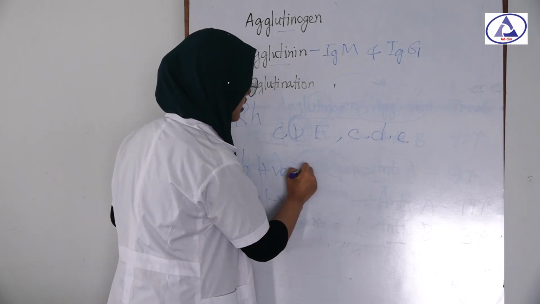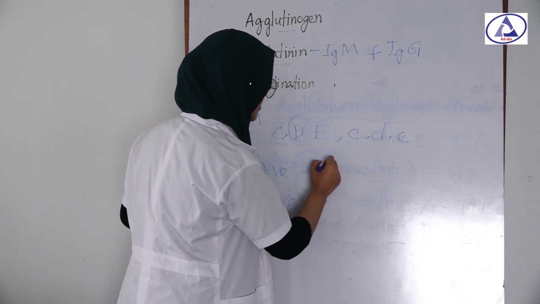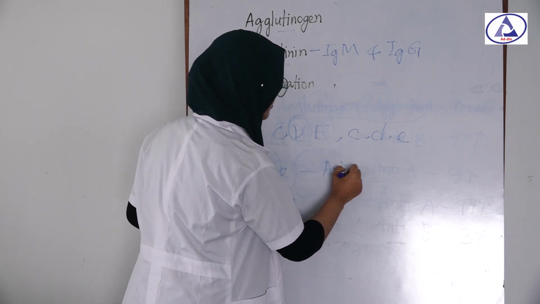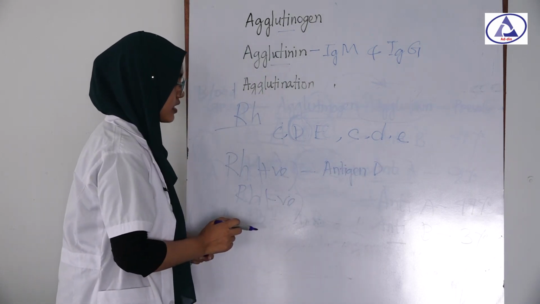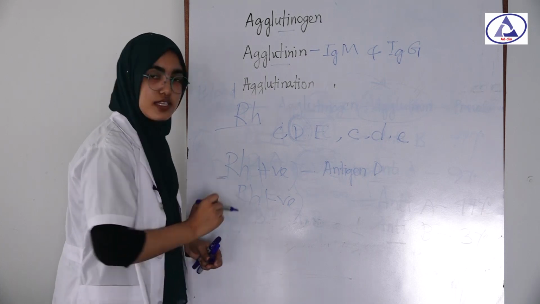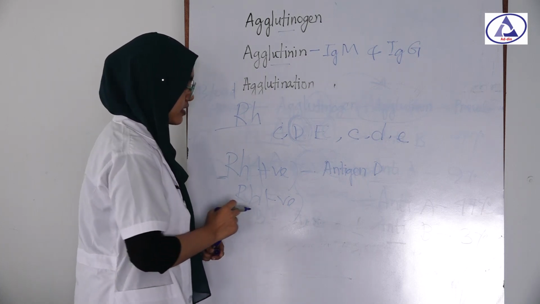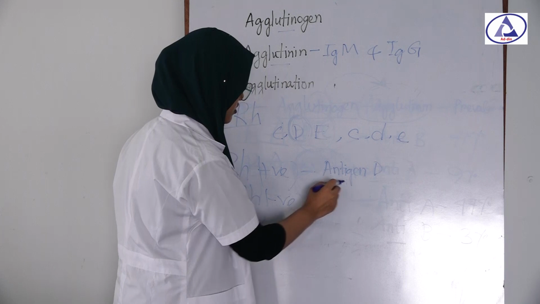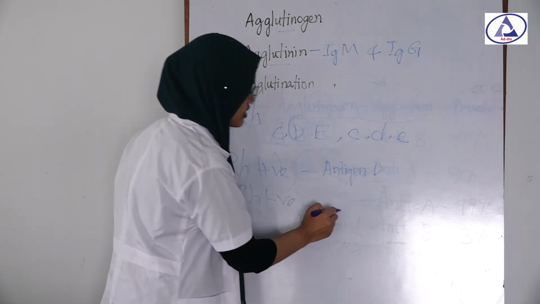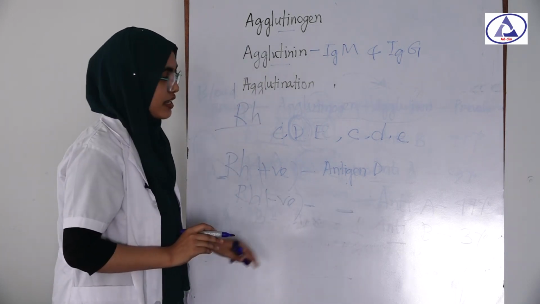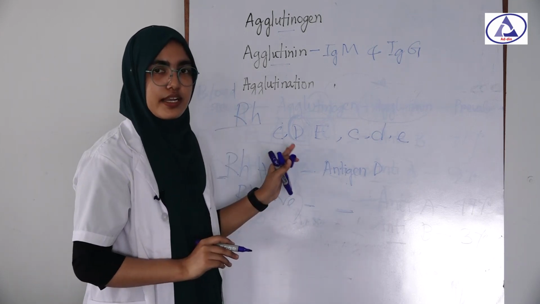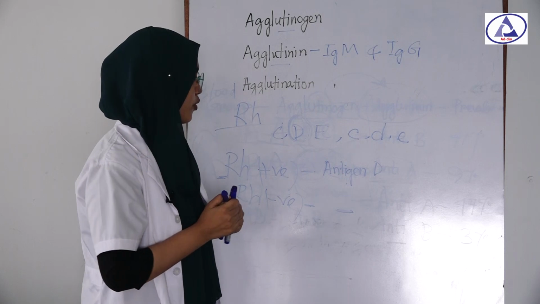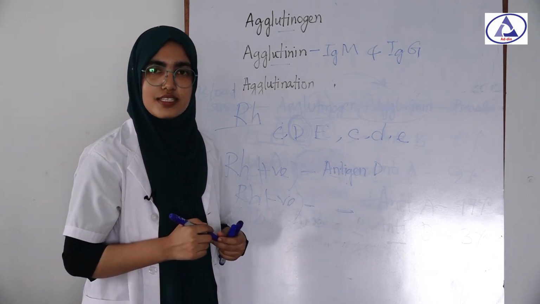If a person has antigen D on the surface of RBC or RBC membrane, then the person is RH positive. And if the person has no antigen on the surface of RBC, then the person is RH negative. But there is one interesting thing: this RH system does not obey the second part of Landsteiner's law.